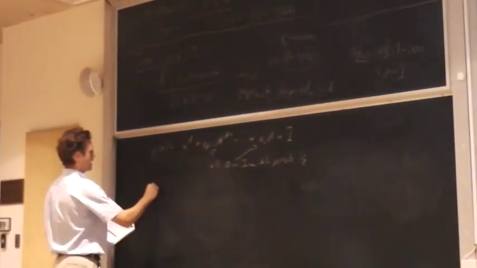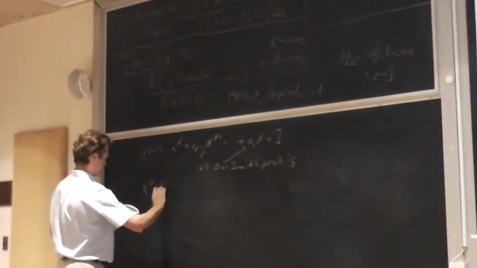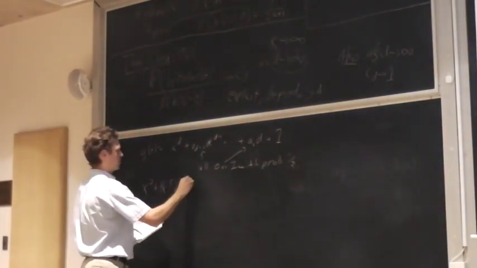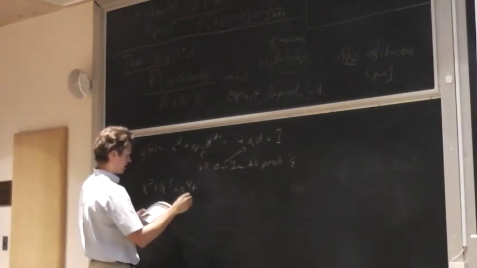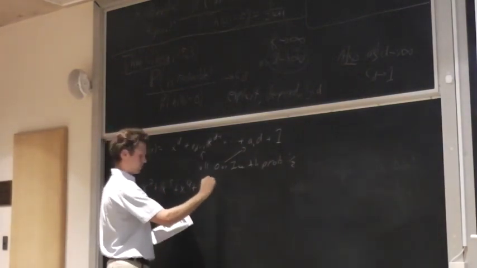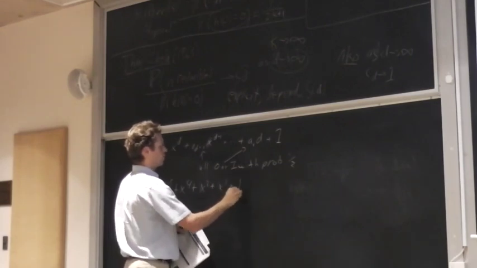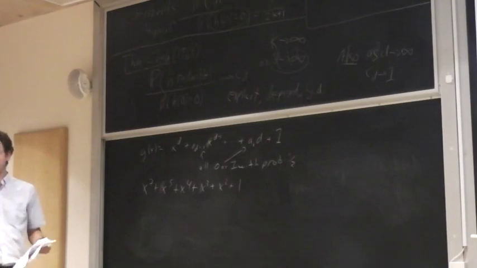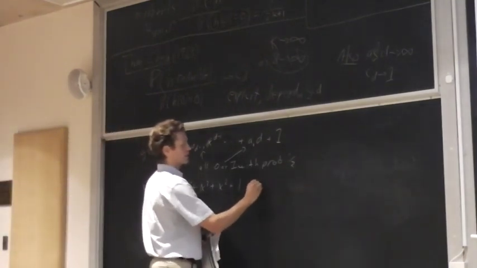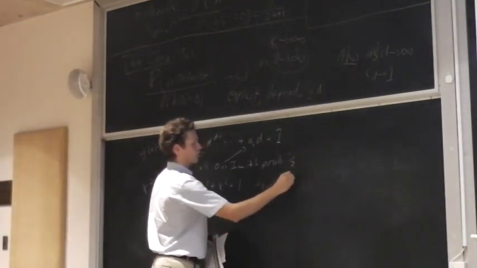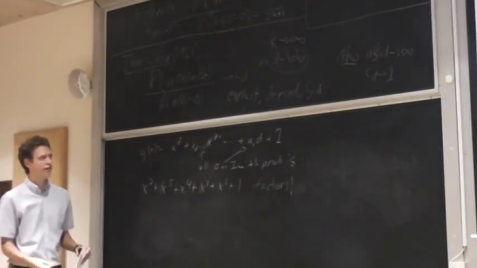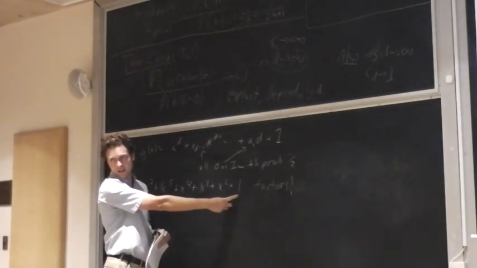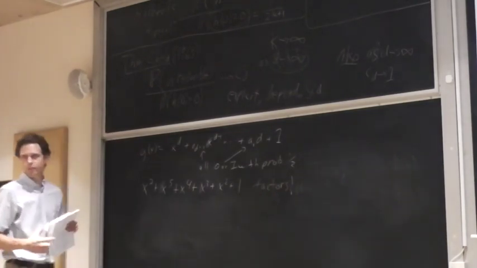So here's another audience participation moment. x to the 7th plus x to the 5th plus x to the 4th, this is one of these polynomials g, plus x cubed plus x squared plus 1. This is not irreducible. This is reducible. It factors. Does anyone want to guess why? The simplest way would be if the constant coefficient were 0. That's not true. What would the next simplest way for it to factor be?